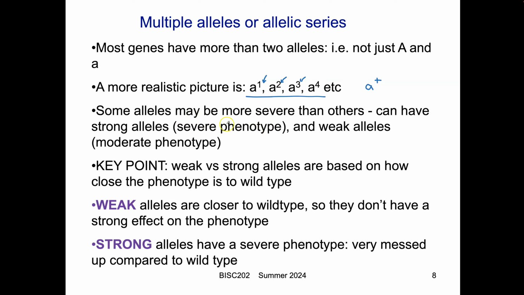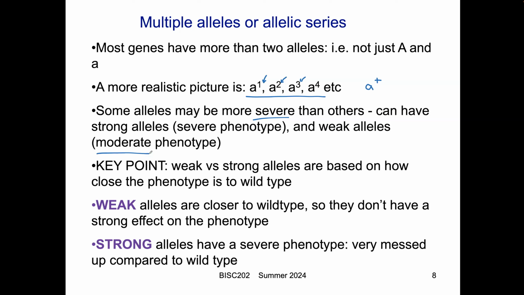Now, some of these alleles might be more severe than others. They might have what we call strong alleles, they have a severe phenotype. They're very different from the wild type. Think of flower pigmentation like the 4 o'clock flower. A severe mutant will have no pigment at all, or just a slight tinge of pigment in the petals, whereas a weaker allele might have a more moderate or a milder phenotype.